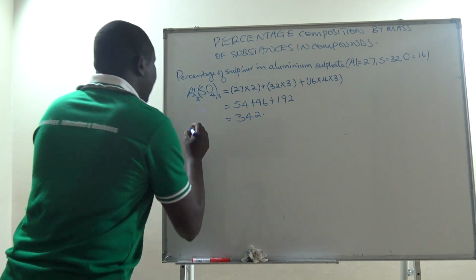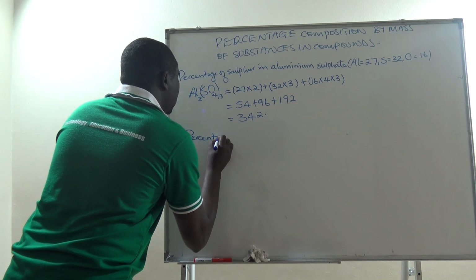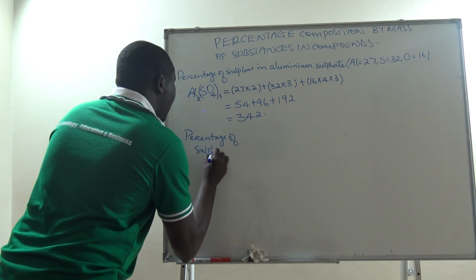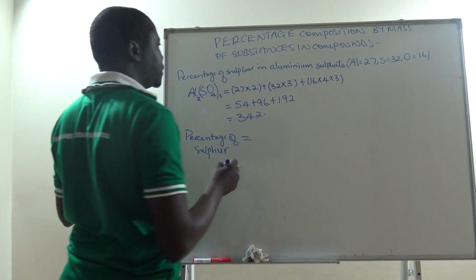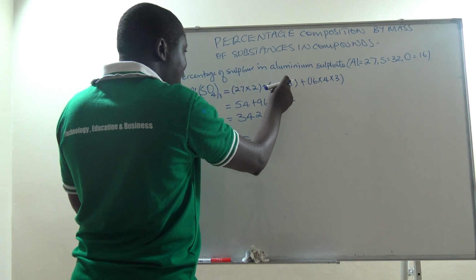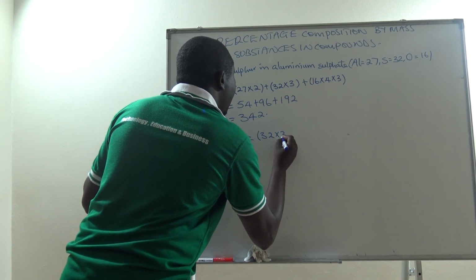So let us look at the percentage of sulfur. Percentage of sulfur in this case will be equal to the mass of sulfur. There are 3 atoms of sulfur and it is here. So it will be 32 times 3.